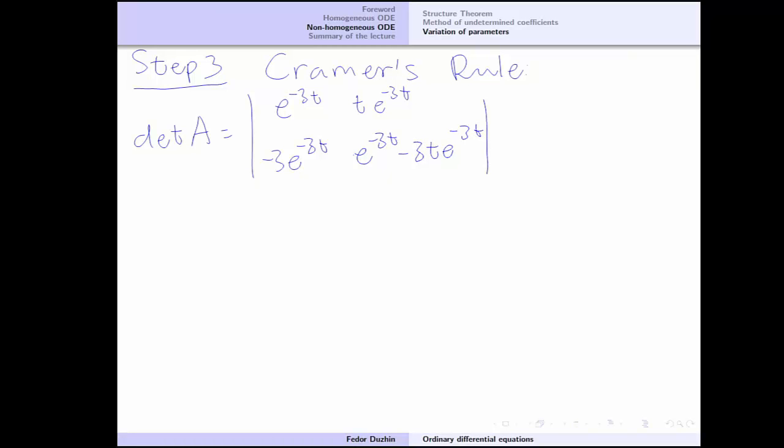Okay, so let's compute this determinant. e to the minus 3t can be taken out from both the first row and the second row, and we'll get e to the minus 6t times. Then on one diagonal we have 1 times 1 minus 3t, on the other plus 3t, so it's just 1. So that's it.